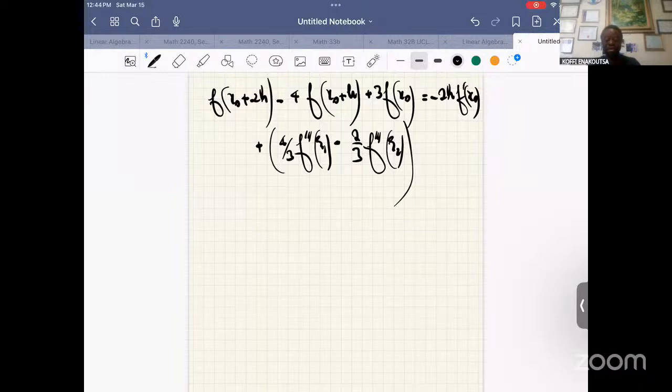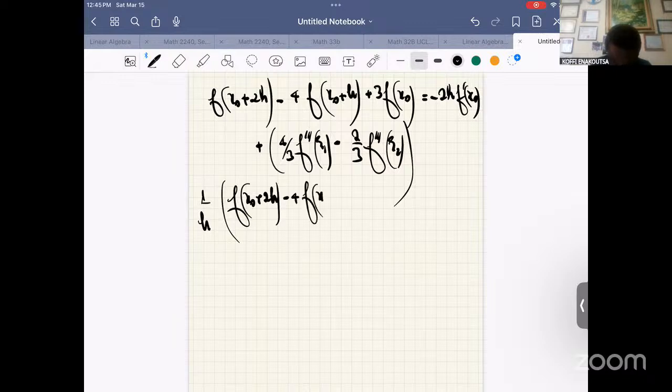And well, then you can just pass the h on the other side, because the h divides everything that you have. So you have 1 divided by h, f at x0 plus 2h minus 4 f at x0 plus h plus 3 f at x0, which is, so this will give us, let's say we divide by 2, that'll be better.